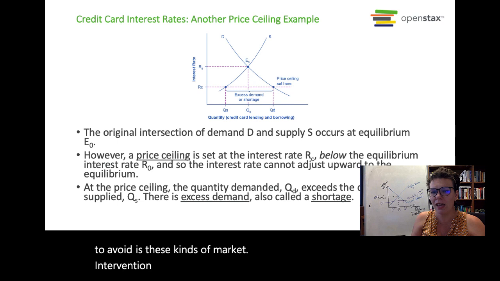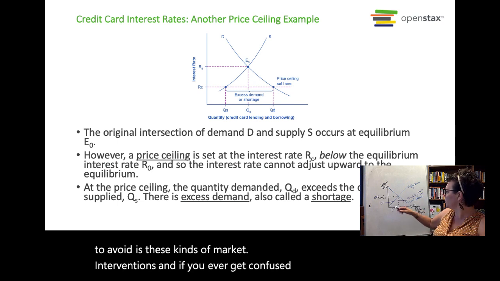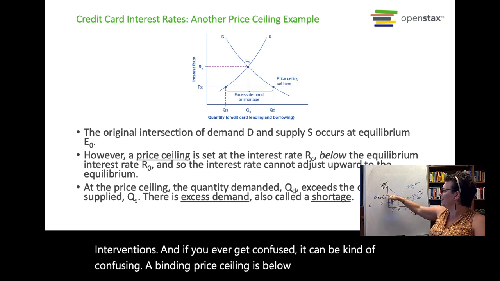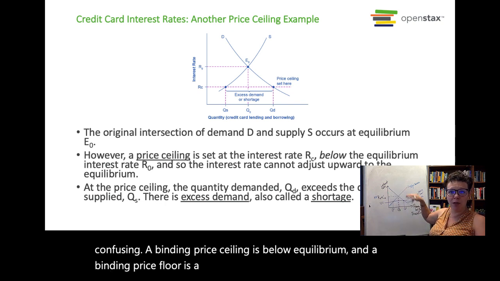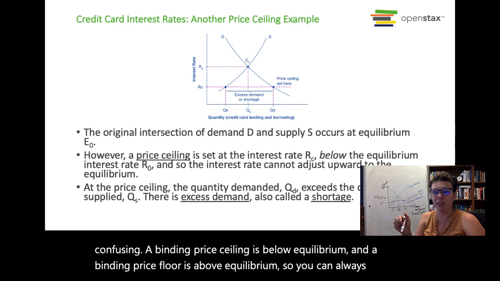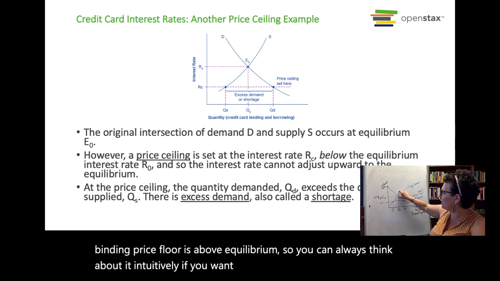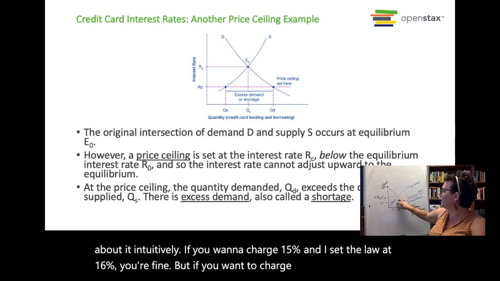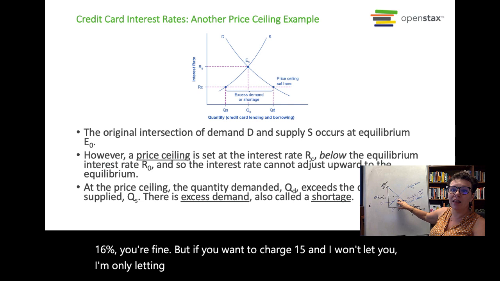And if you ever get confused, it can be kind of confusing. A binding price ceiling is below equilibrium, and a binding price floor is above equilibrium. So you can always think about it intuitively. If you want to charge 15% and I set the law at 16%, you're fine. But if you want to charge 15 and I won't let you, I'm only letting you charge 10, then you're in trouble.